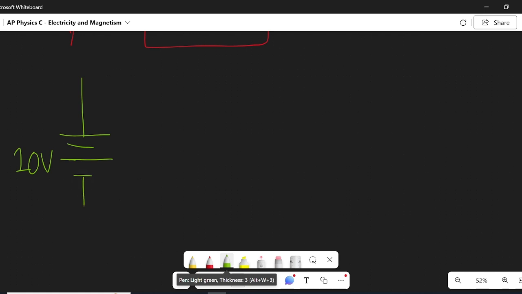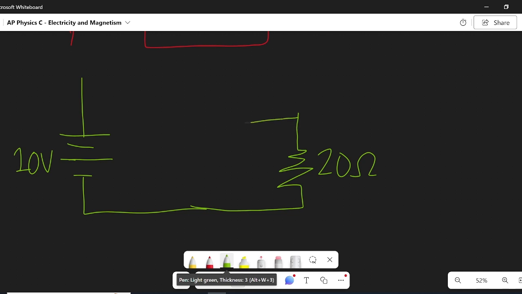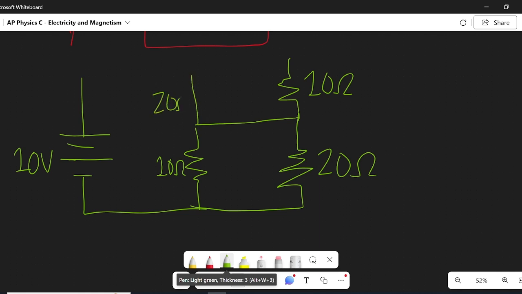And then, right, it's split up down here, right? Into a 20 ohm resistor, here we're going to have a 10 ohm resistor, and then up here we're going to have a 10 ohm resistor, and then up here we're going to have a 20 ohm resistor, right?